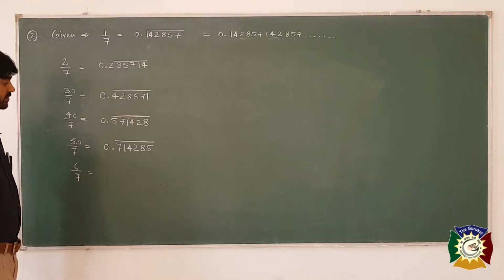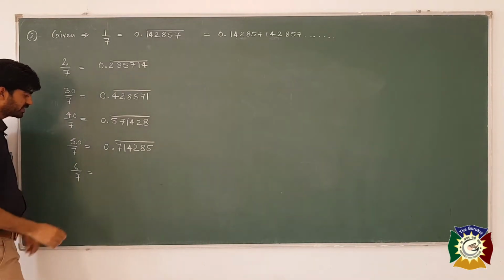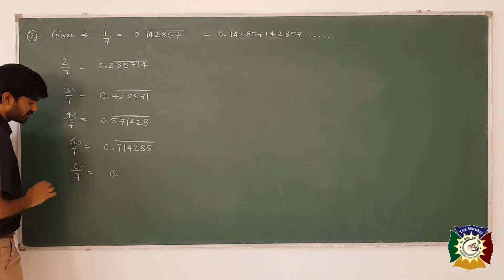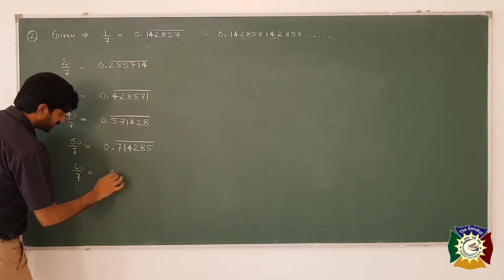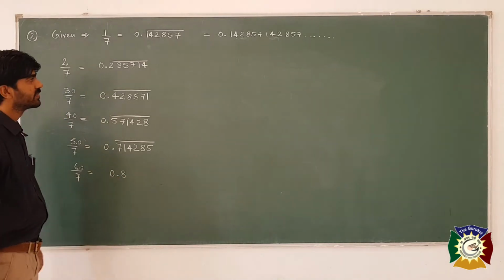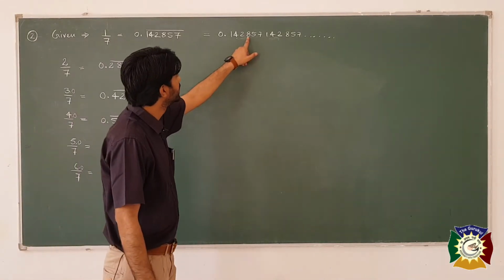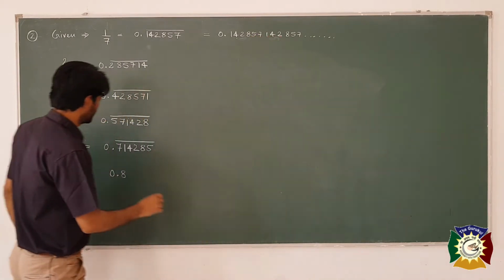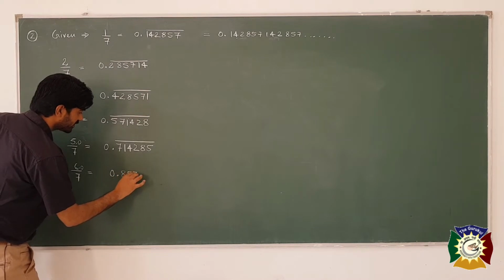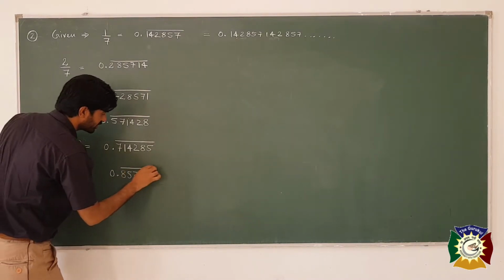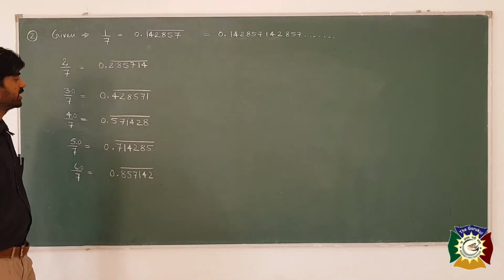That's it. Now 6 divided by 7. 0 point. If I put decimal, it will become 60. So 7 8s are 56. First digit will be 8. So 8, 5, 7, 1, 4, 2. Again 8 will come. It means the same block will get repeated.